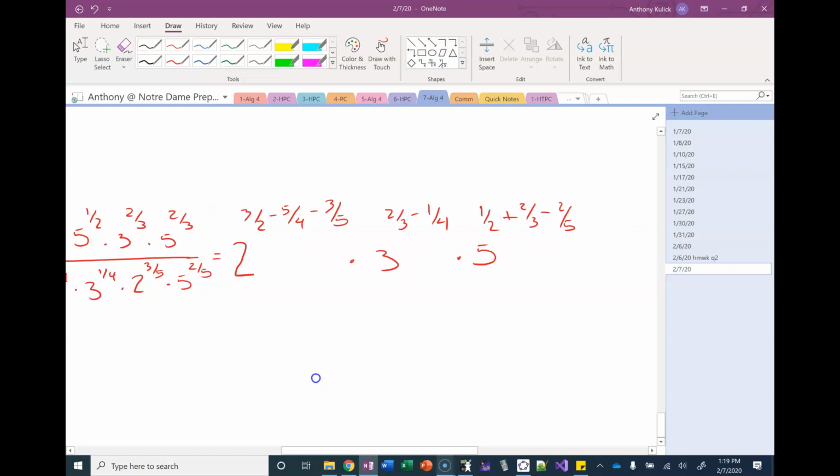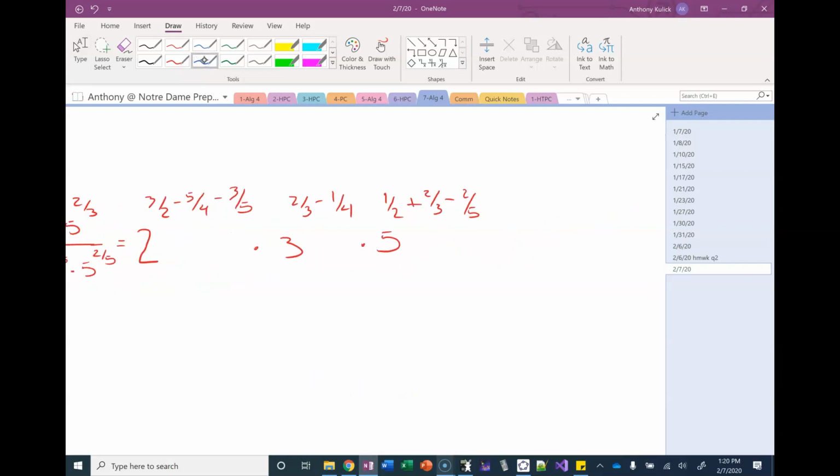Okay. Common denominator time. What's the common denominator between halves, fourths, and fifths? 20, right? So I'm going to get 30 over 20 minus 25 over 20 minus 12 over 20.